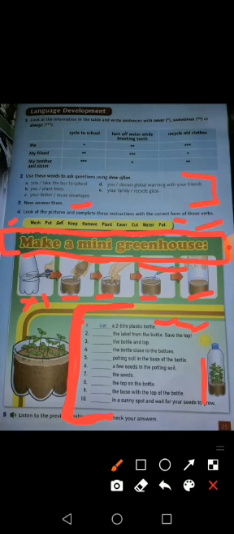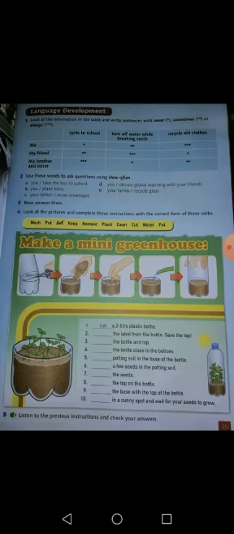If it is Pepsi or Coca-Cola or any brand, you have to remove the label and save the top. Okay, so complete the rest of the exercise in your notebook. Now let's move to page 26.